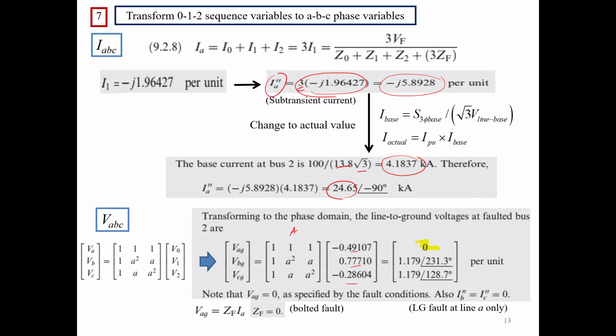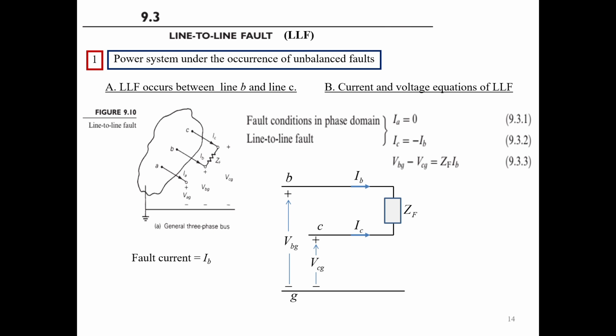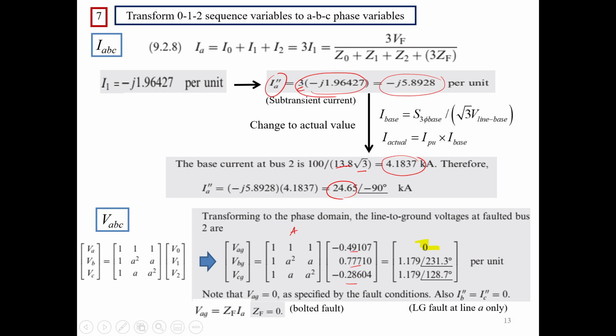I think that is more or less everything for single line to ground. I will stop this clip with this example. We still have two more types of unsymmetrical fault to follow in the next video clip.